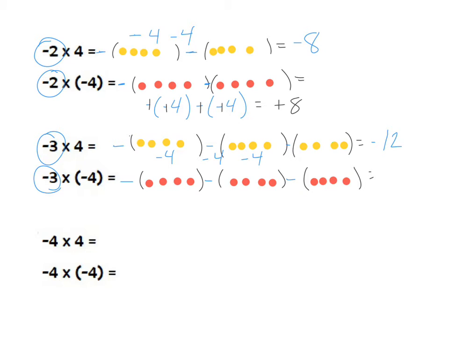And the reason I'm subtracting it 3 times is I'm multiplying by a negative 3 instead of a positive 3. That means we're going to have minus minus 4, minus minus 4, minus minus 4. And if we do a little sign changing so we can add, remember to subtract, you just change both signs. We're going to end up with positive 12.